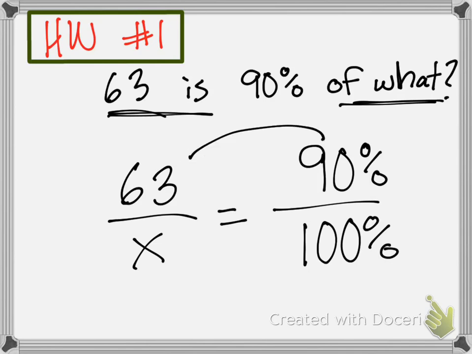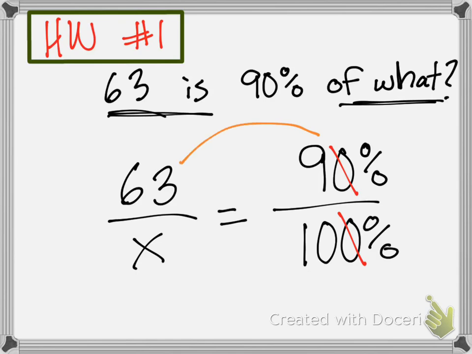Now, can we go from 90 to 63? Does that work? No. So what we do in those cases is we simplify our fraction. We can only simplify that side. 90 over 100, what does that simplify to? 9 over 10. We divide them by 10 or just cross out the zeros. Can 9 go to 63?